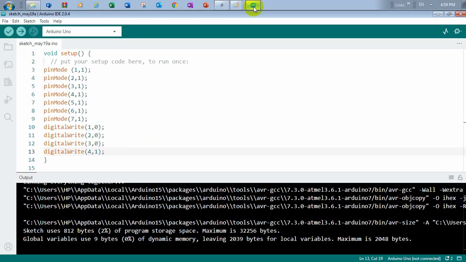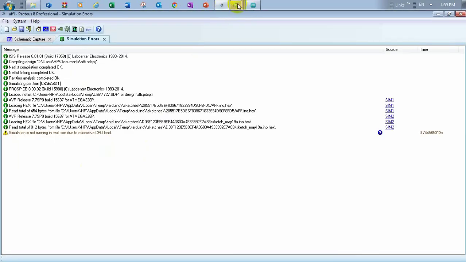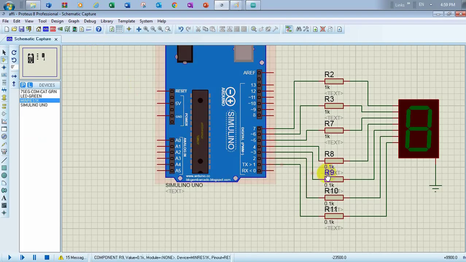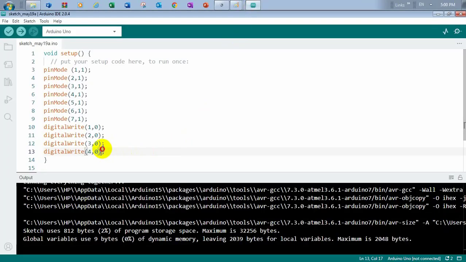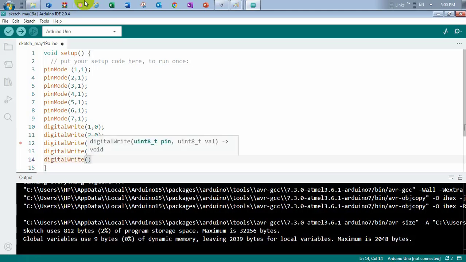And we go to the software for unit 5, to see which segment this leg controls, which segment it connects to. We write digital write, open parenthesis, and we write 5, comma, and 1.